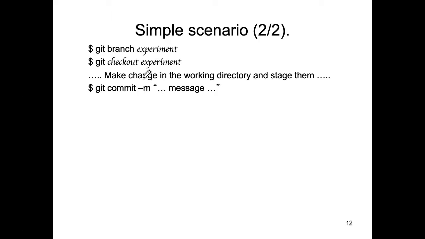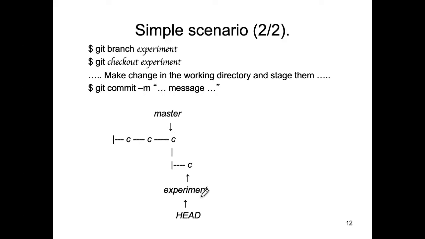Then I do some development work in my working directory as normal, and I stage and commit that work. So now I can visualize my repository like this. Here's the new commit. Master is still pointing at what it was pointing at.